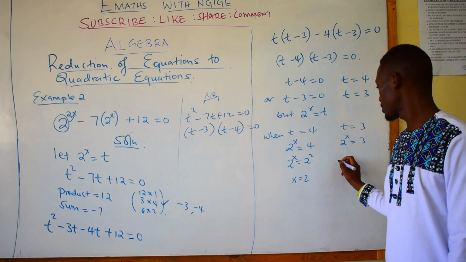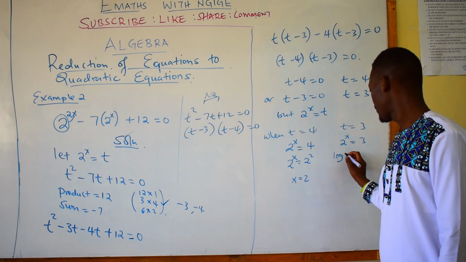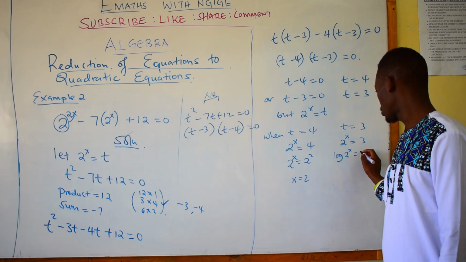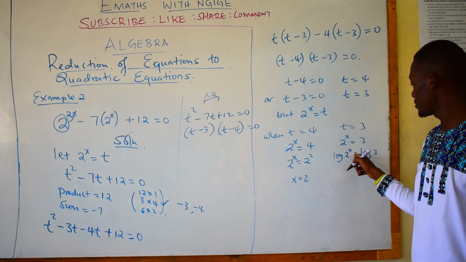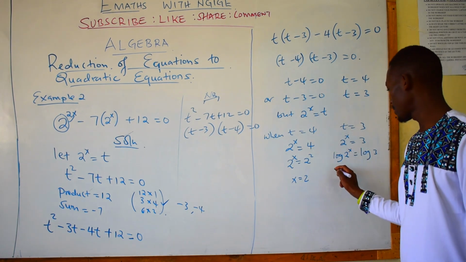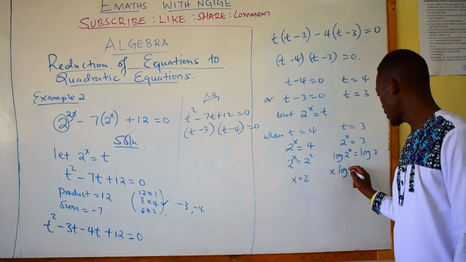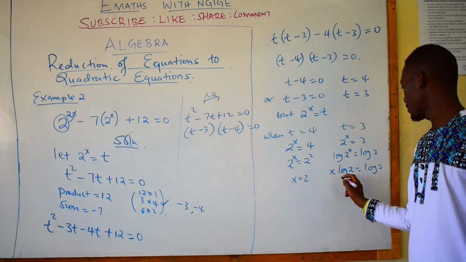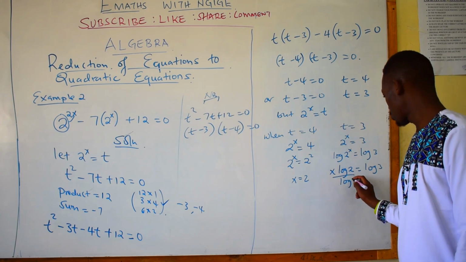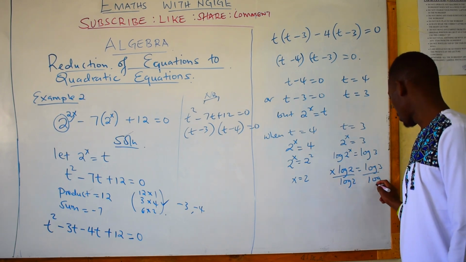Either will work out. So log 2^x equals log of 3. By the laws of logarithms, when you have a power here, you drop it, so you have x times log 2 equals log 3. Therefore, divide both sides by log 2.